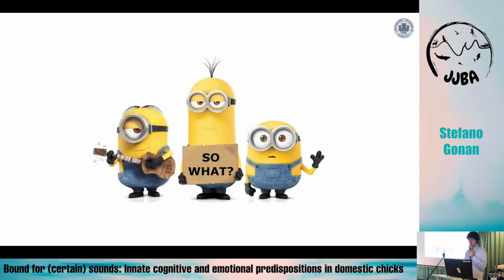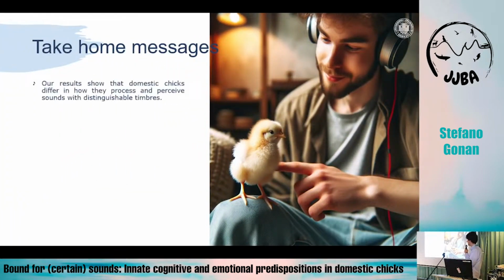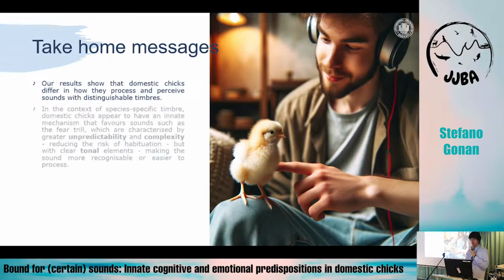So, what can we conclude from our experiments? Well, the first take-home message is that our results clearly demonstrate that domestic chicks process and perceive sounds with distinguishable timbres differently. In particular, for what concerns species-specific timbres, chicks appear to have an innate mechanism to prefer and also to attend to those sounds that have greater unpredictability and complexity, two features that are also able to reduce the risk of habituation in the listener.